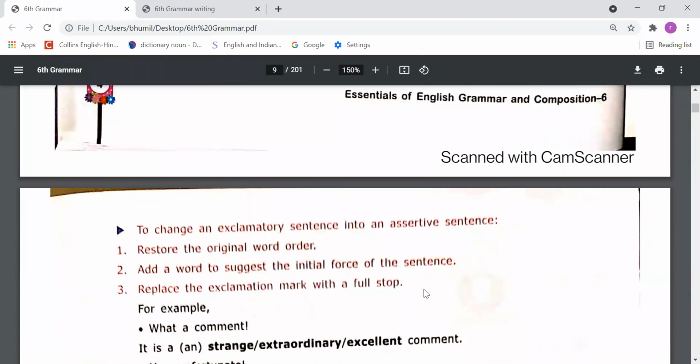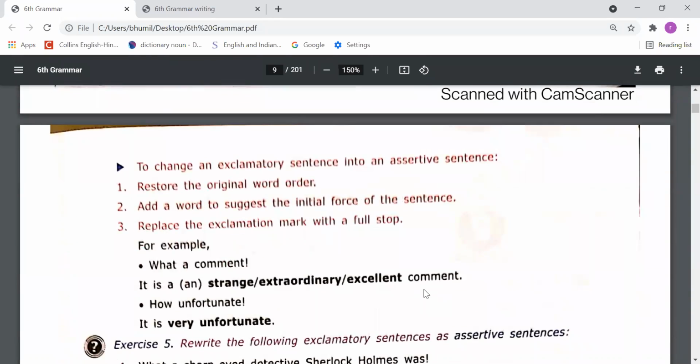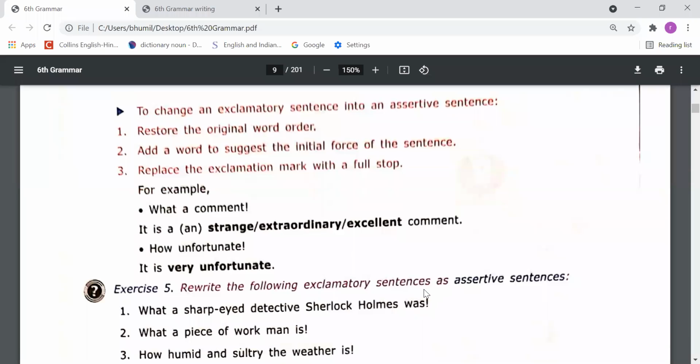Now come to the next page. To change an exclamatory sentence into an assertive sentence, restore the original word order, add a word to suggest the initial force of the sentence, replace the exclamation mark with the full stop. So dear students, whenever you are going to make exclamatory sentences into an assertive sentence, some changes you have to do.